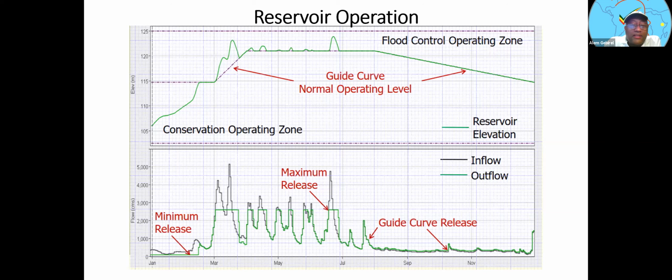Once it reaches the guide curve, it starts releasing what's really coming in. The incoming inflow passes, so if there is excess, it's stored. That's how most reservoir operation is done, and that's how the model and the simulation work. Let's go to the next slide, please.